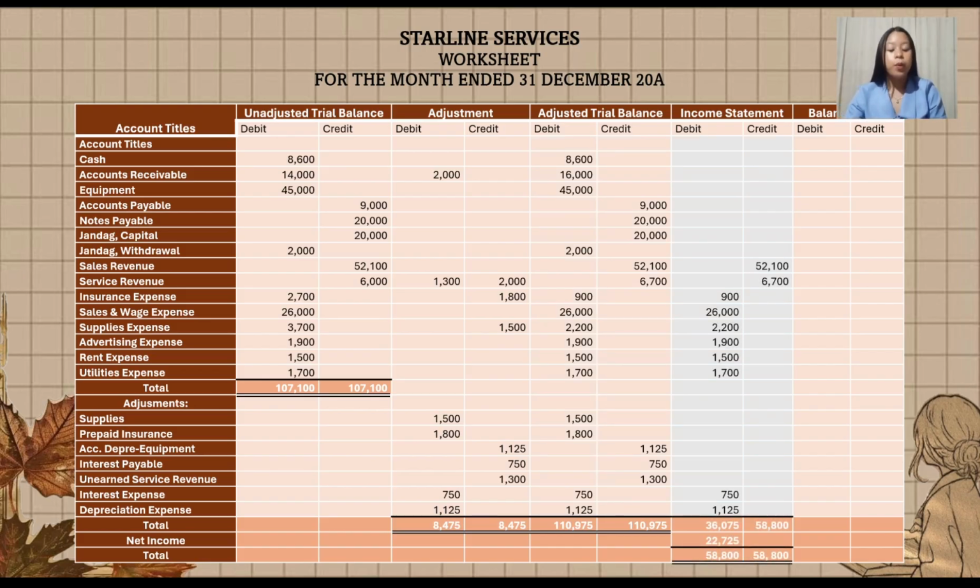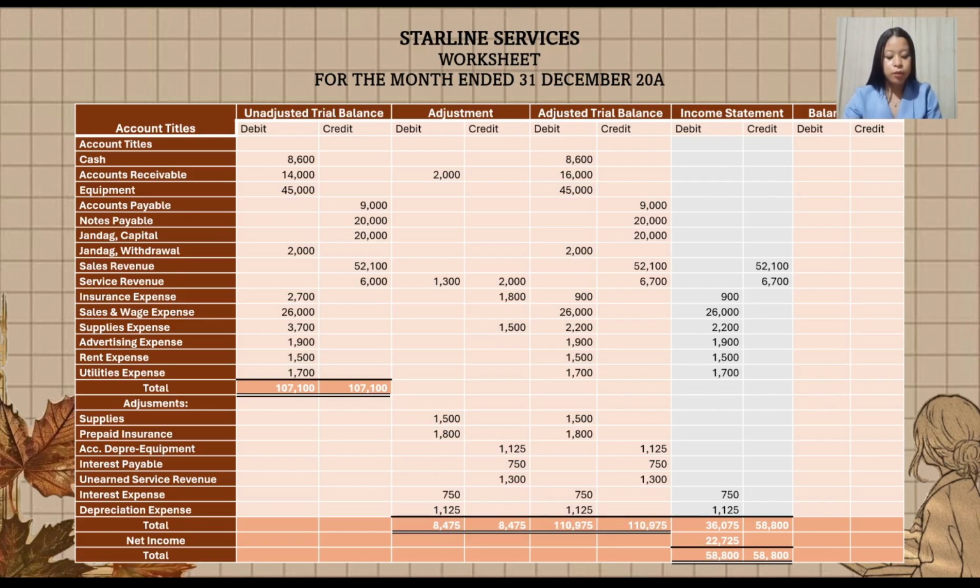So next, we will move the revenue and expense accounts to the income statement column. Revenue includes the sales revenue, that is 52,100, service revenue, that is 6,700, and then the expenses include the wages and sales expense, rent expense, utilities expense, advertising expense, insurance, supplies, depreciation, and interest expense.